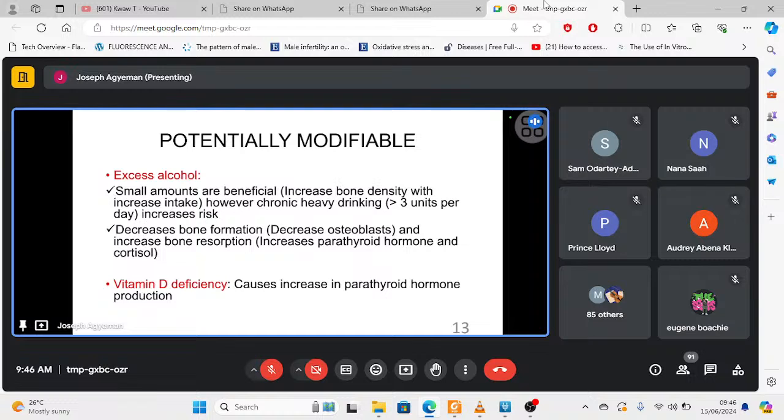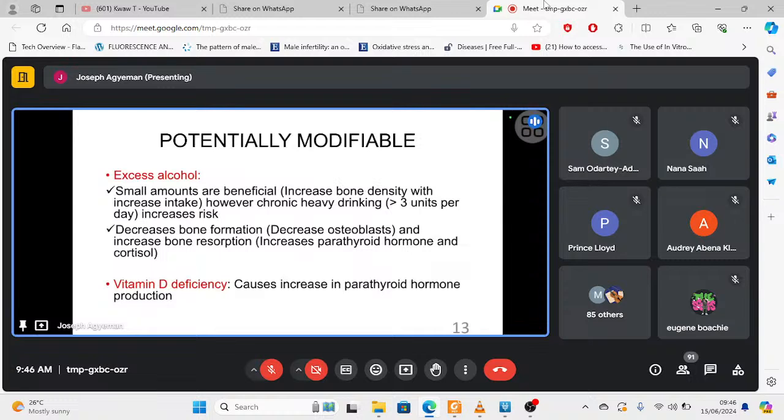This will not help you because excessive alcohol with its metabolite will decrease osteoblasts, and therefore your bone formation is going to reduce. At the other end, you are increasing parathyroid and cortisol levels. Alcohol will increase that. That will lead to increased osteoclastic activation and you'll be in trouble.